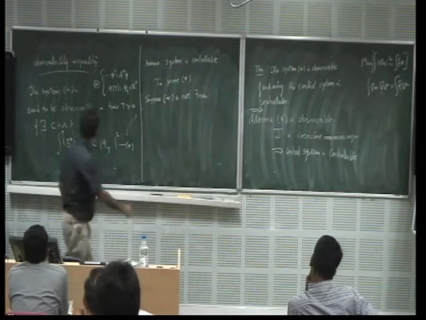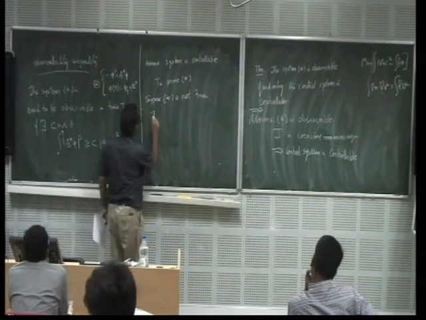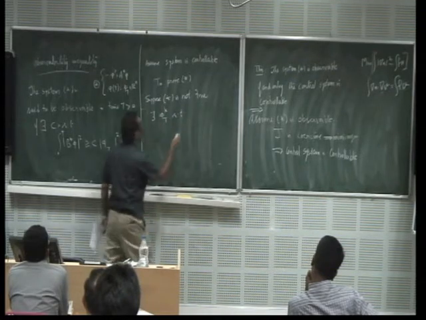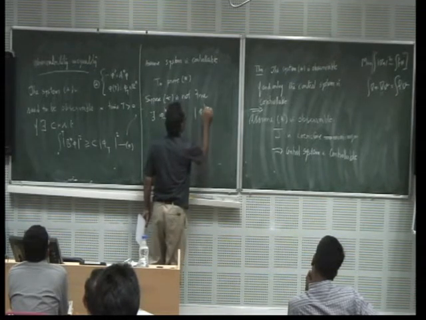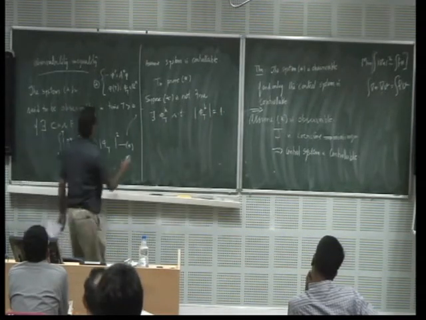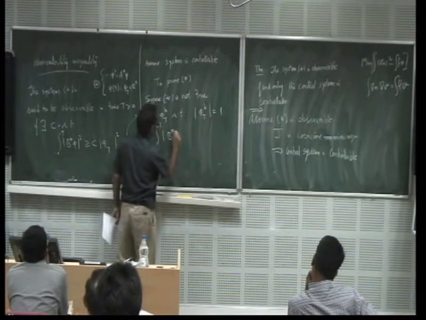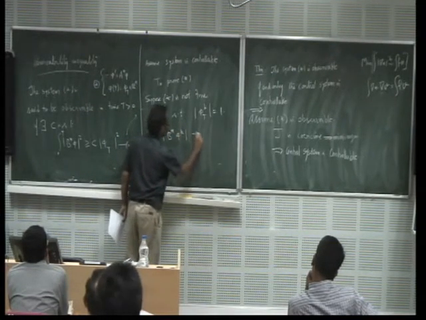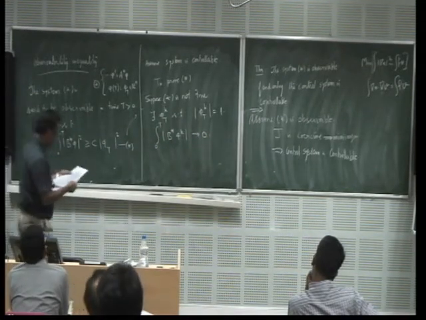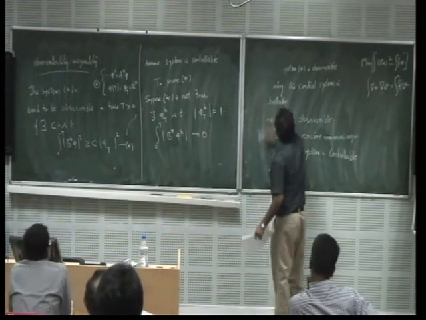What can you tell about that? You can produce a sequence phi tk, there exists phi tk such that you can normalize it so that the norm of phi tk is equal to 1, and the integral from 0 to t of the modulus of b star of phi k goes to 0. From that you can deduce a few things quickly.